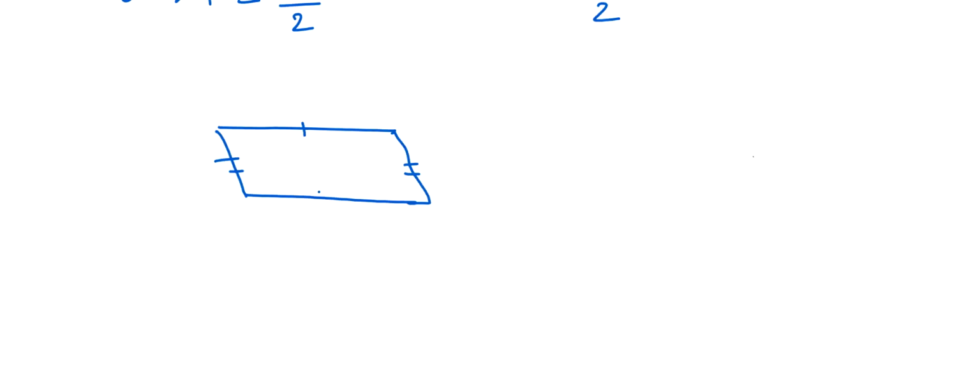Its length is A and width is B. The perimeter formula is the same, 2 into A plus B, like a rectangle. But one thing more is clear here: in quadrilaterals, first comes the parallelogram. A parallelogram may be converted into a rectangle or rhombus, and then square.